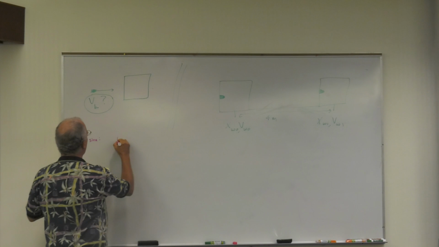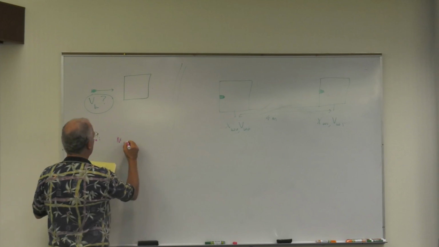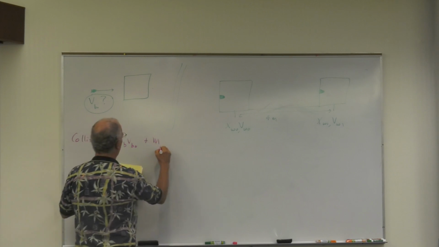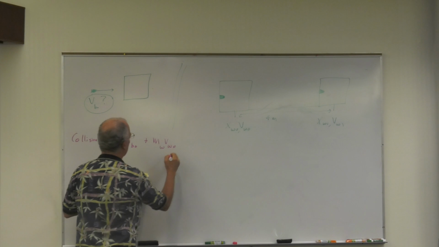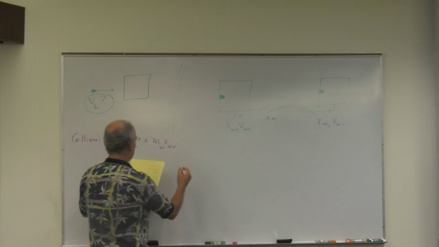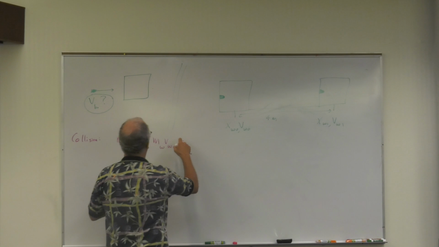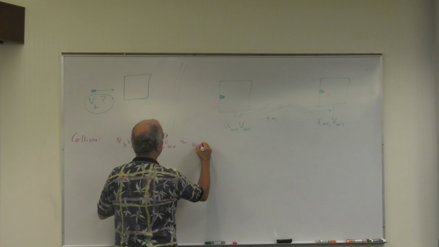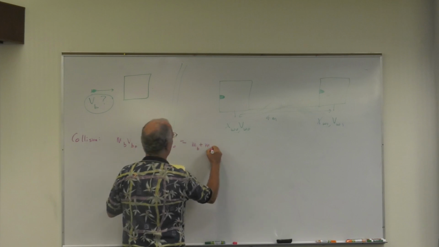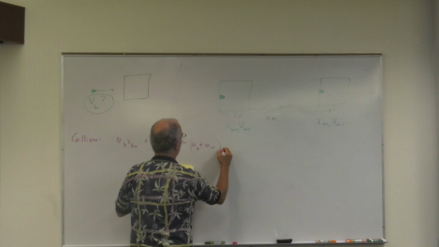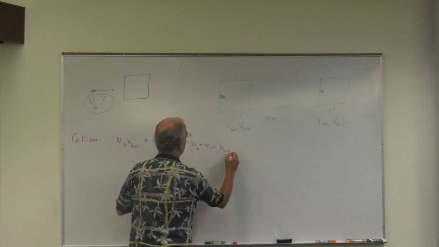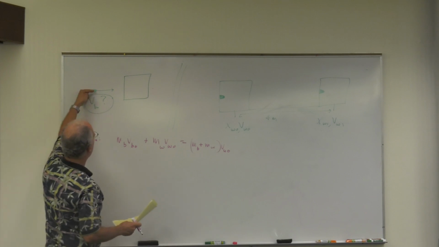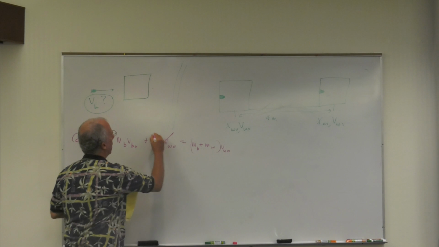Mass bullet times velocity bullet initial, plus mass wood times velocity wood initial, which is 0, equals mass bullet plus mass wood times velocity wood initial. Before, the bullet's moving and the wood is stationary, so that term is 0.